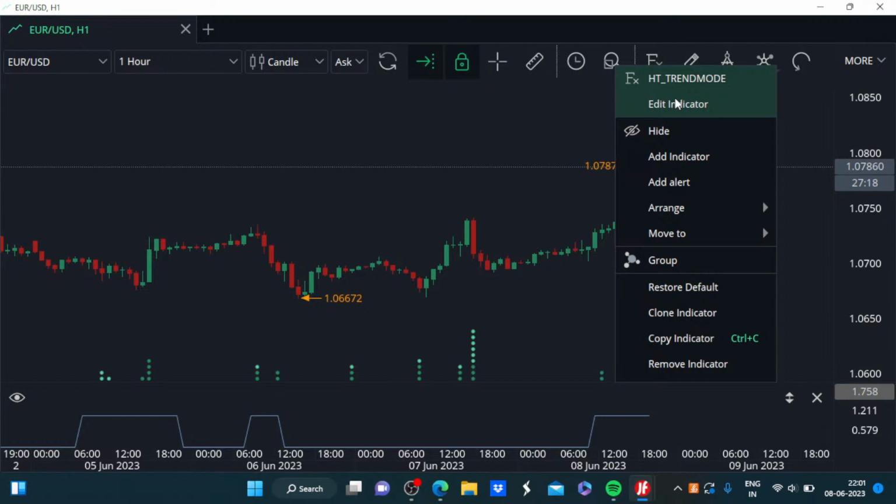All we can vary for this indicator is the applied price.